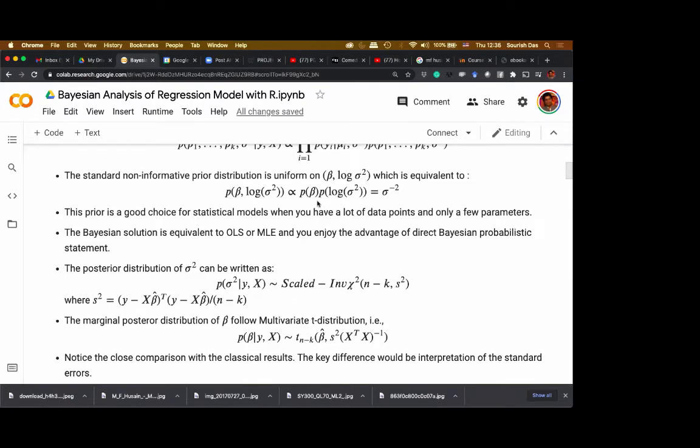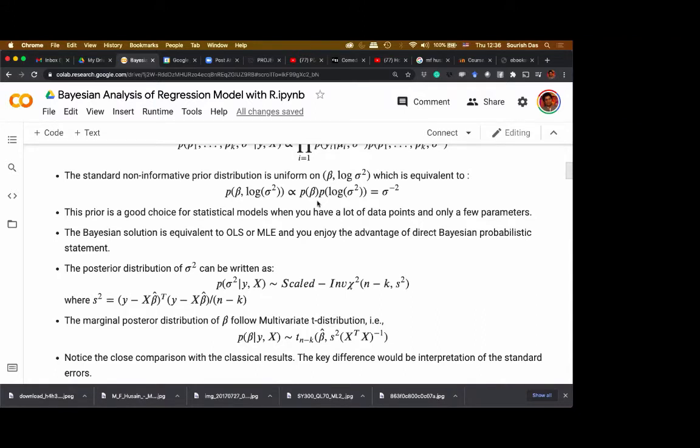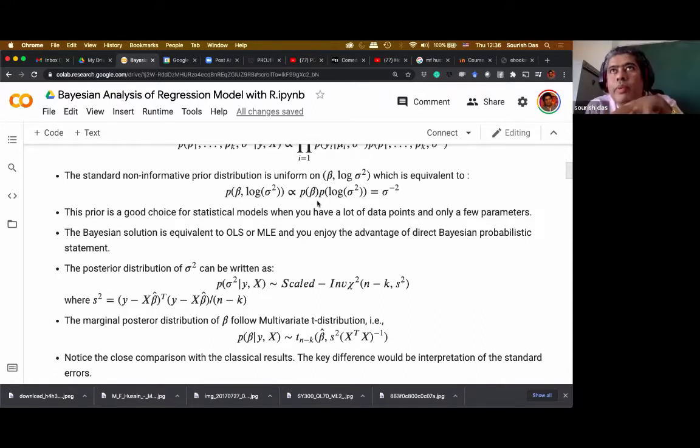Sir, does this rely on assuming that we choose a weak prior, or even for a strong prior, does this hold? Of course, if you choose a very strong prior for beta and sigma square, and you are choosing very strong independence, then you need a lot of data as usual, and it will try to impose that independence on your Bayesian analysis.